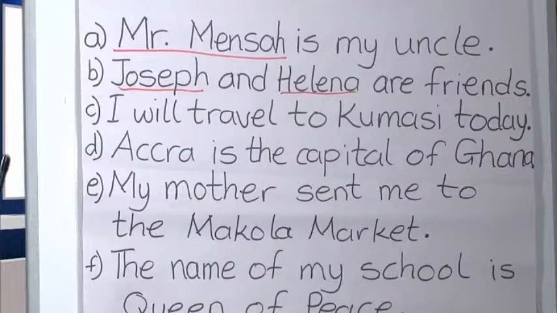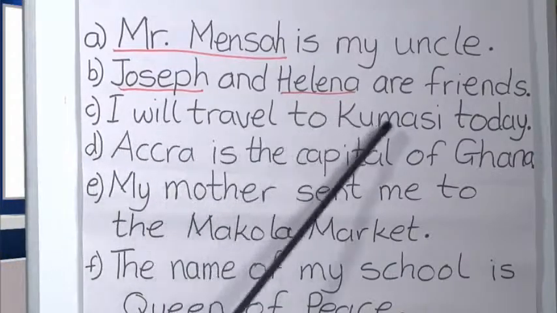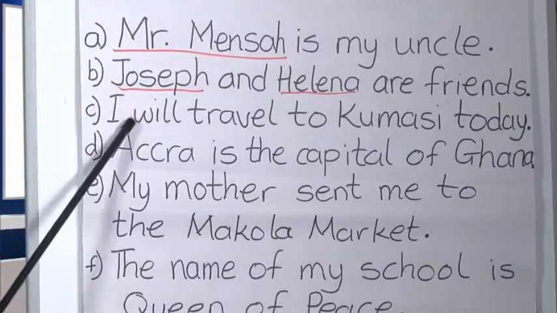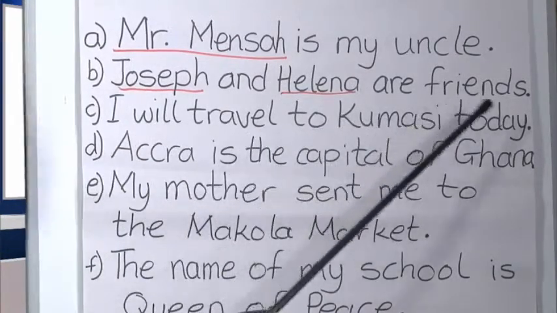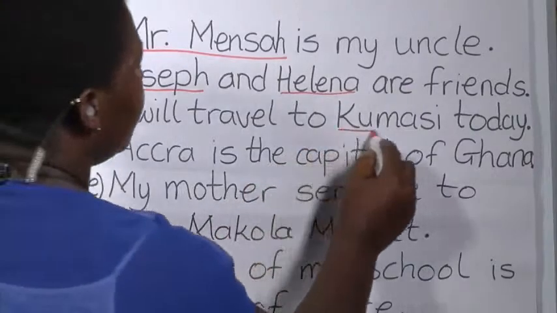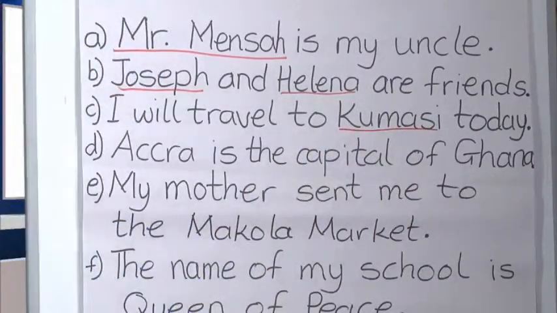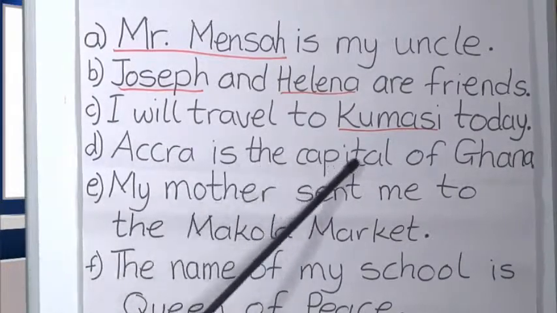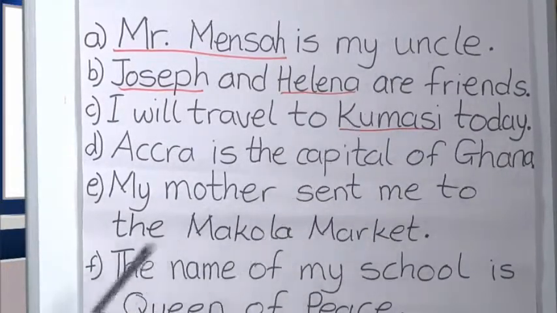Now in the next sentence, I will travel to Kumasi today. And the proper noun in this sentence is Kumasi. I hope that is your answer too. Accra is the capital of Ghana.